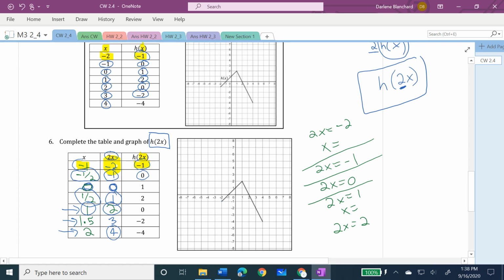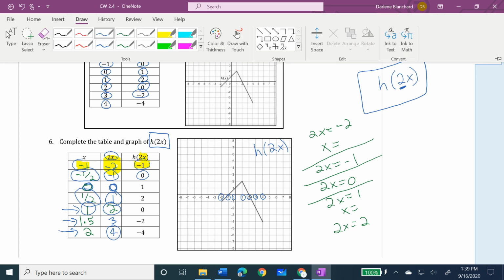You want to reach the point where you can look at this as h of x, and when you're asked to graph h of 2x, you look at your x coordinates, -2, -1, 0, 1, 2, 3, 4. Take each of those x values and divide them by 2. Keep the y value that goes with the original x.